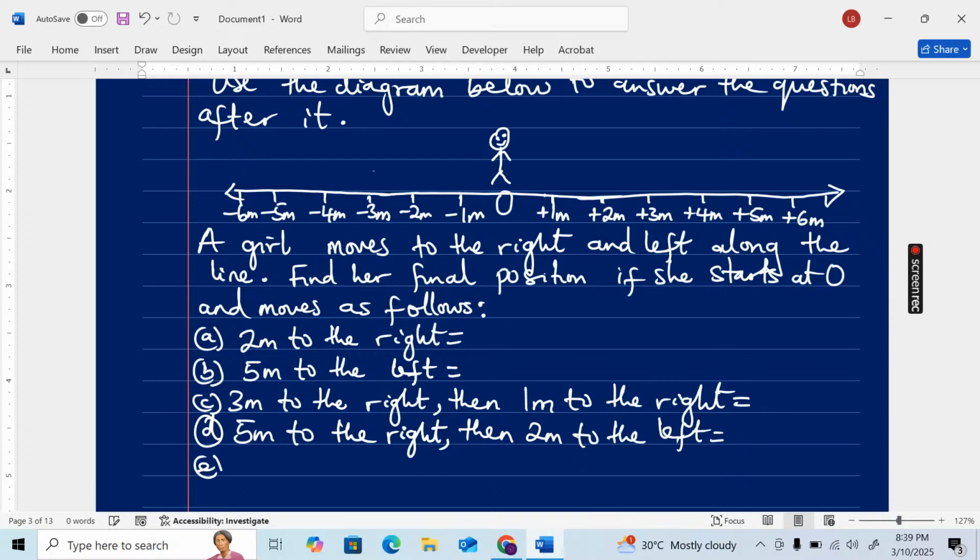Then we have another one that is 4 meters to the right, and 7 meters to the left. Everybody should be writing.